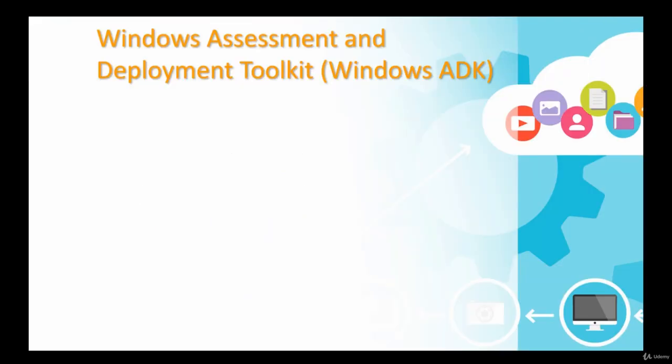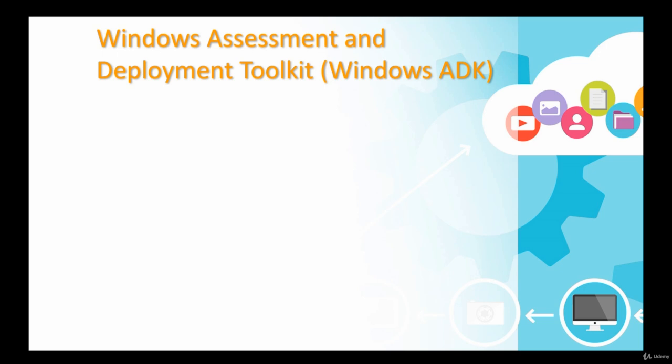Let's take a deeper look now at the Windows ADK. The Windows ADK is something that you can go out and download from Microsoft's web download website, and it comes with a bunch of tools. This Windows ADK is not really a new thing. It used to be called WAIK, the Windows Automated Installation Kit, back when Windows Vista and the early days of 7 came out, and then eventually they renamed it to Windows ADK.